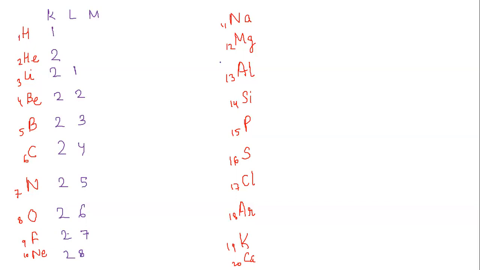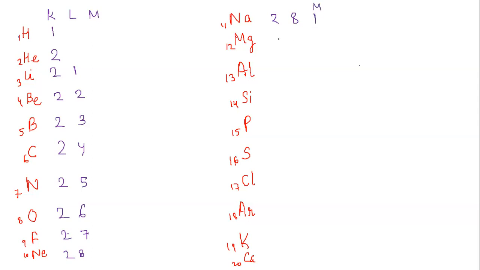Now Rizwan, tell me the electronic configuration of sodium. Sodium, K shell will have 2 electrons. L shell will have 8 electrons because the maximum capacity of L is 8. Now the 11th electron will go into the M shell.